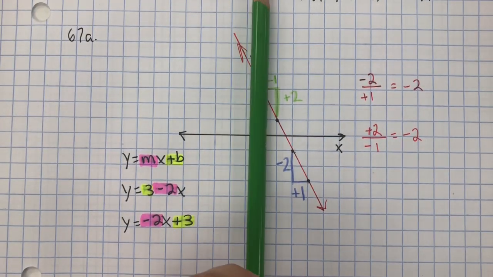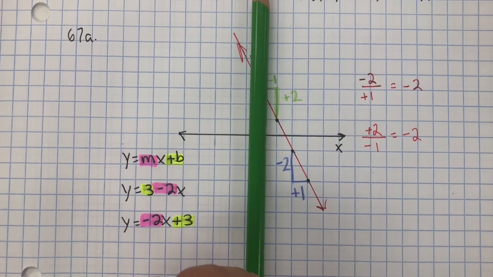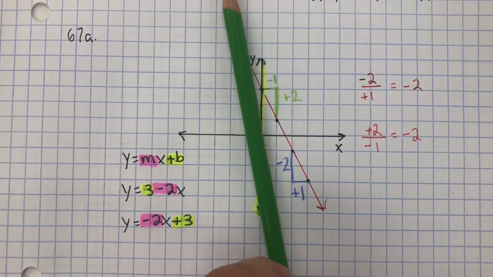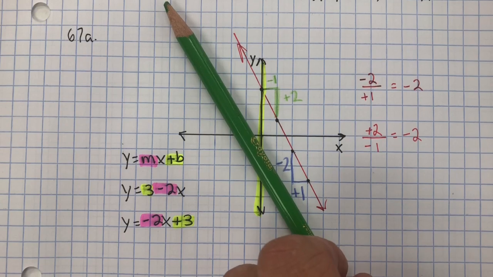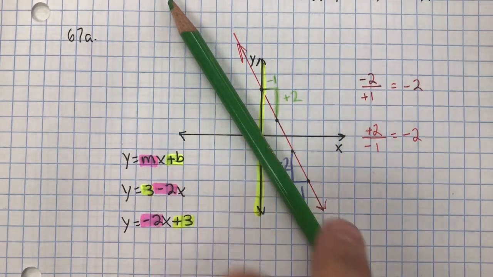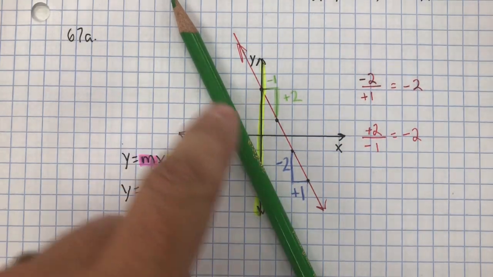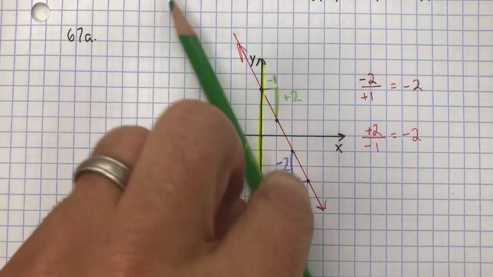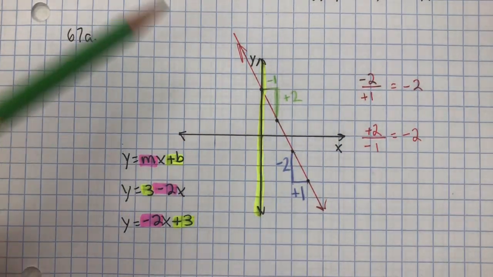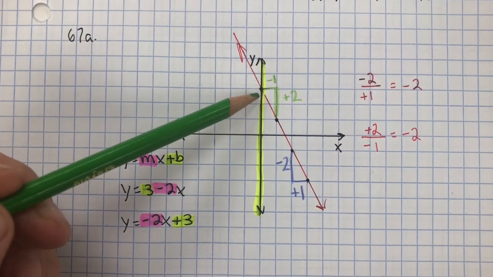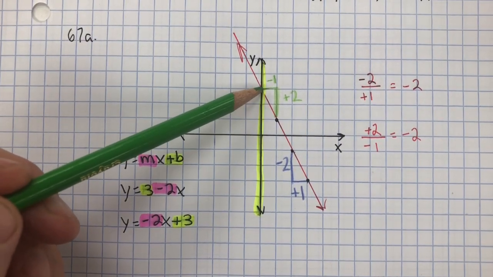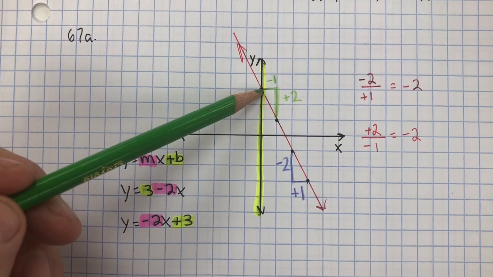And remember, I talked about the tree. The tree is falling towards the negative x's, negative 2. So you know the slant of this line is going to be slanting towards the negative x's. So we have a negative growth rate of negative 2.